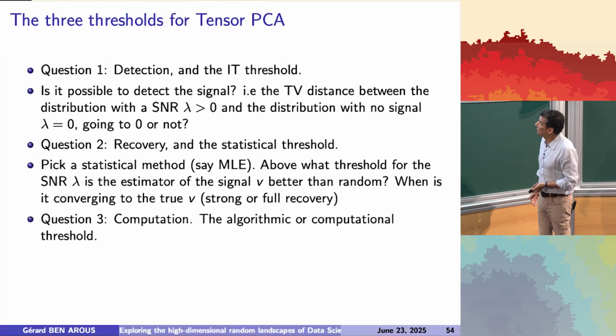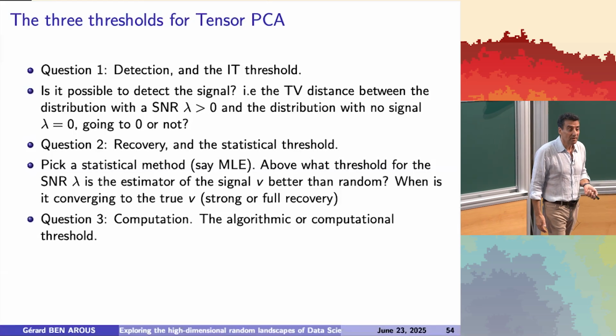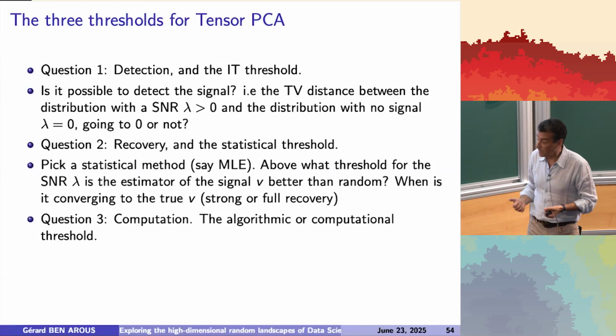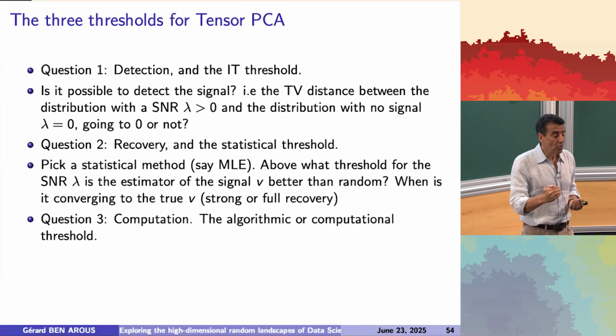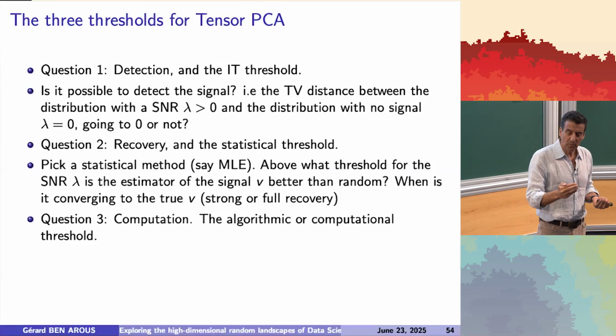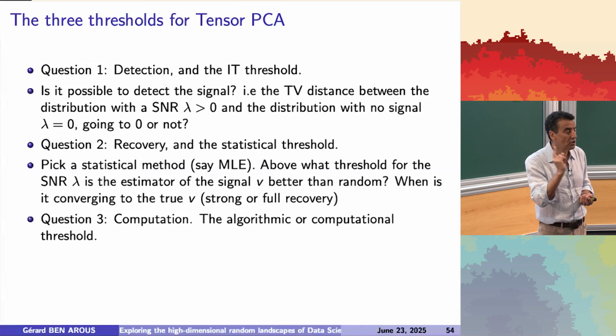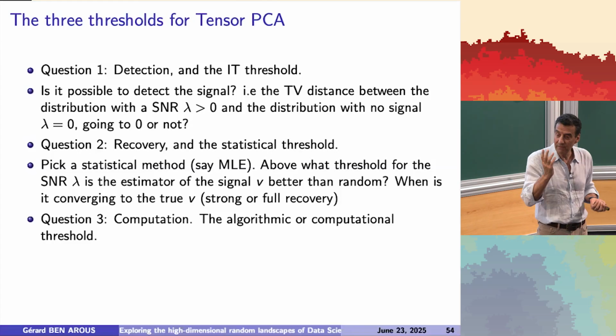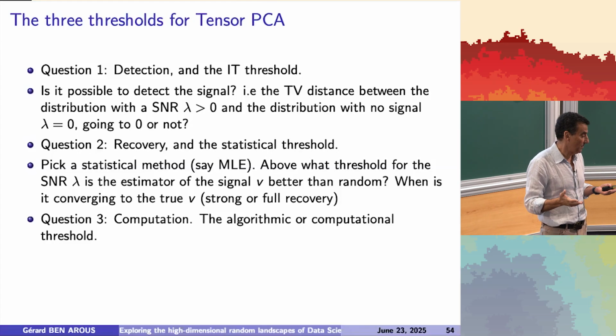Question 3, of course, which is the important one, is computational. Now the question is, okay, you have a statistical procedure that will give you a good estimator. But typically in a statistical procedure, you have a sup, an inf, a variational problem to solve.